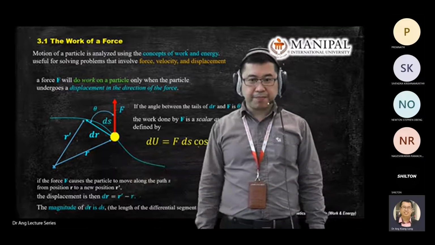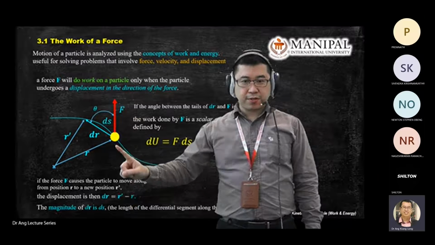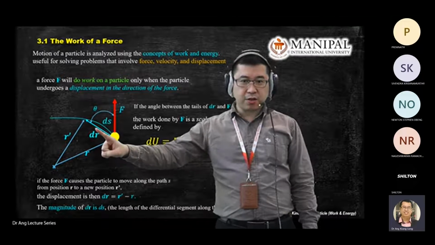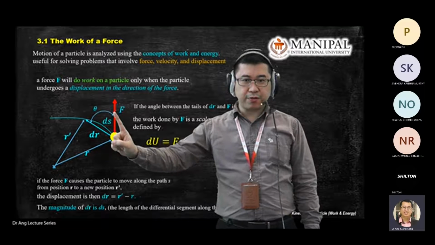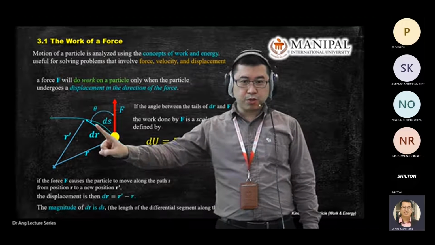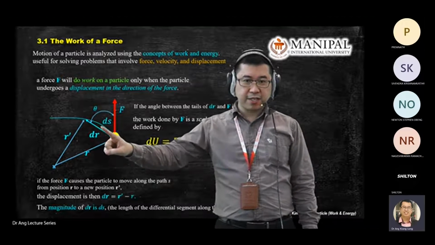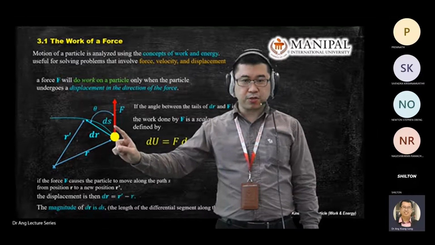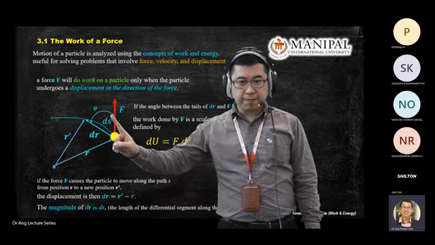Look at this diagram. Force times ds. So how do you get the component of ds aligned with the force? You split this vector into this one and this one, or you can use a trigonometry relationship.